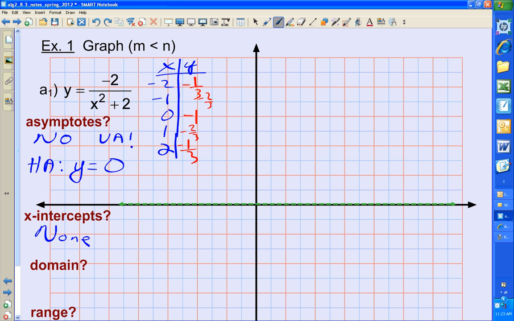Once you have those points, go ahead and plot them. 0, negative 1 is right here. 1, negative 2/3. Negative 1, negative 2/3. 2, negative 1/3. And negative 2, negative 1/3.